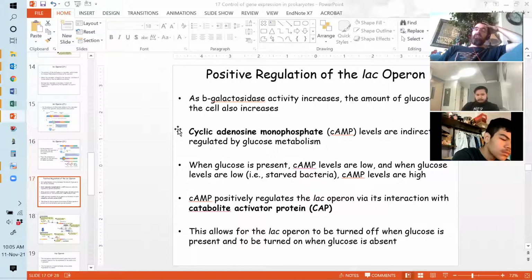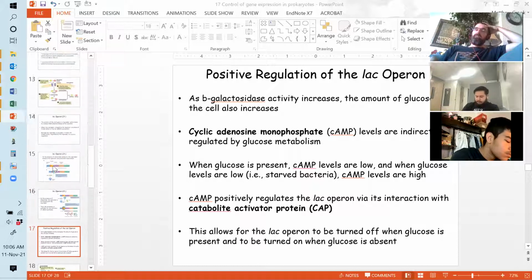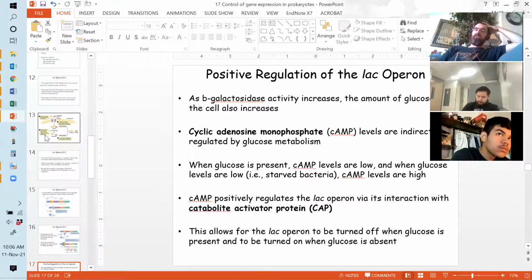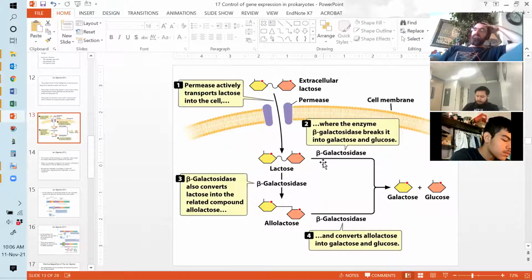And so if you think about this too, let's go back to this picture here. As lactose is brought into the cell and it's converted by the products of the lac operon into galactose and glucose, glucose levels are going to increase.